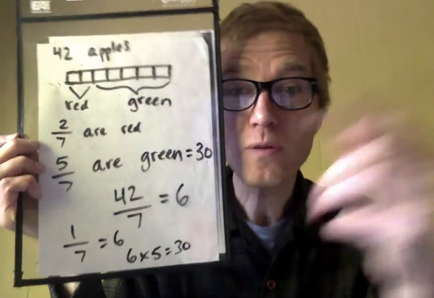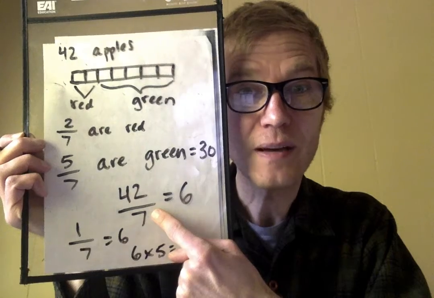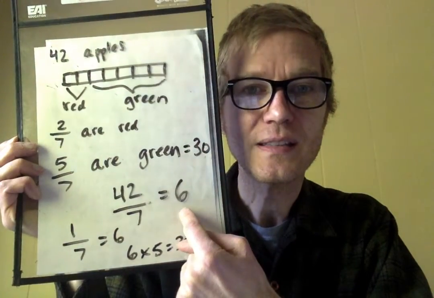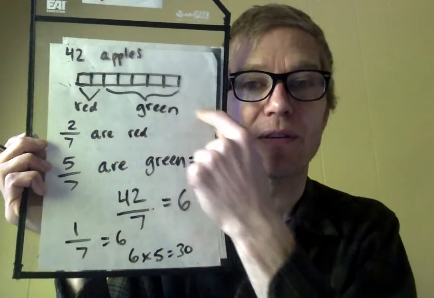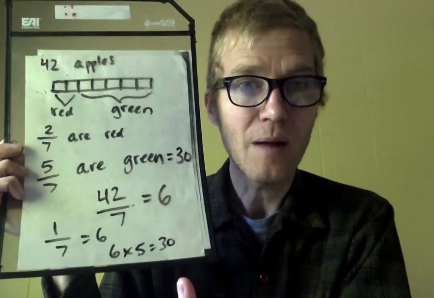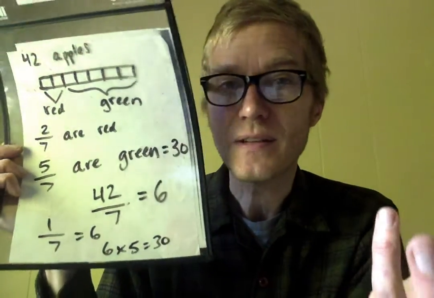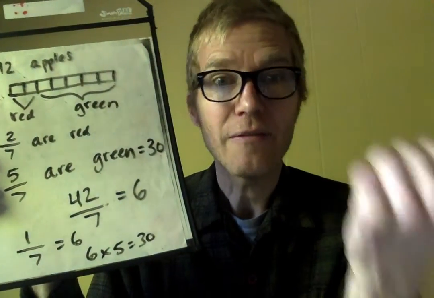Once you divide the total by that number, it's 42 over 7, 42 divided by 7. It's all the same thing. You're going to get 6. That's going to tell you how much is 1/7. And then look back at the problem. See how many they're asking to find out. They're asking you to find out 5/7. Well, 6 times 5. It's 30.